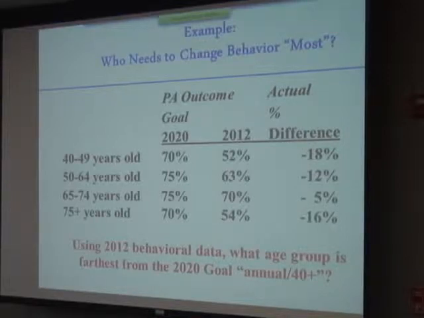Where is the largest difference? The 18%, right? But the least difference between the goal and where we are now is the 65 to 74-year-old. And you can hypothesize that that's because they're coming into Medicare, they have their mammogram covered, whether it's their first mammogram or a repeat mammogram from the past for screening.